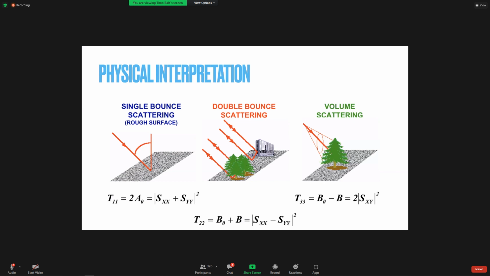Cross polar is if you transmit a horizontal signal and you receive a vertical signal, or you transmit a vertical signal and you receive a horizontal signal. In both ways, that means something changed the signal on the way. That here happens, for example, in volume scattering.